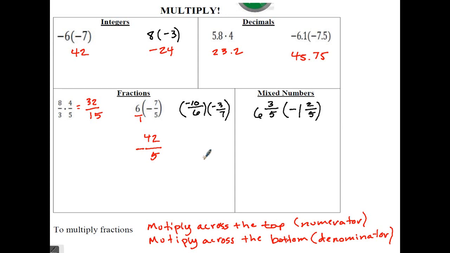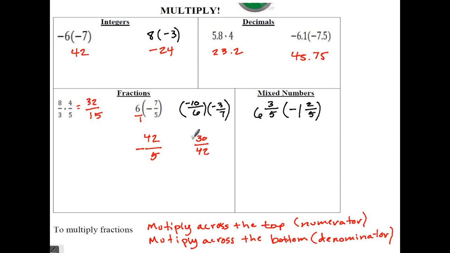Alright, the last example, we're going to multiply across: 10 times 3 is going to be 30 over 6 times 7, that's 42. Both of them have the same sign, both of them are negative, therefore it's a positive.